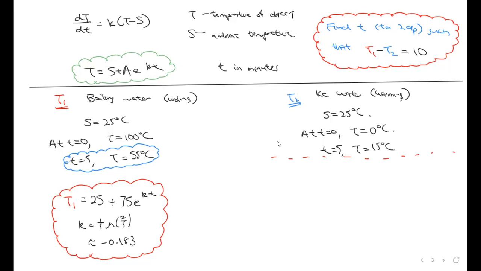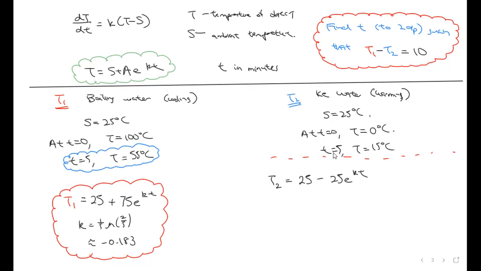So in other words, T2, being the colder temperature, is going to equal 25 minus 25 e to the kt. All I'm doing is using the fact that S equals 25 and subbing in T equals 0. And if you sub that in, you'll see it works.